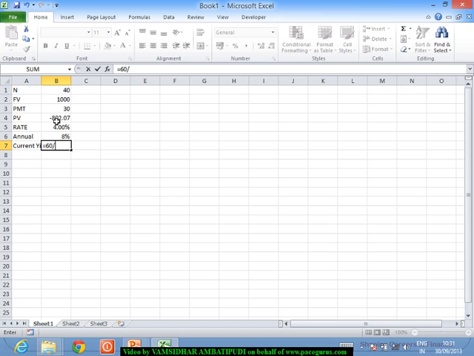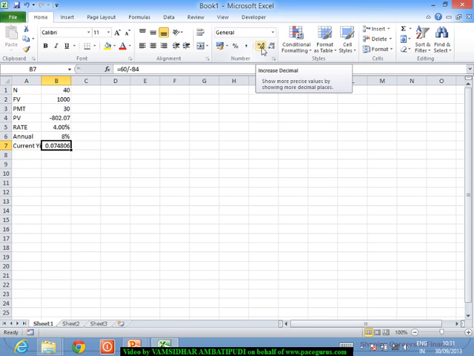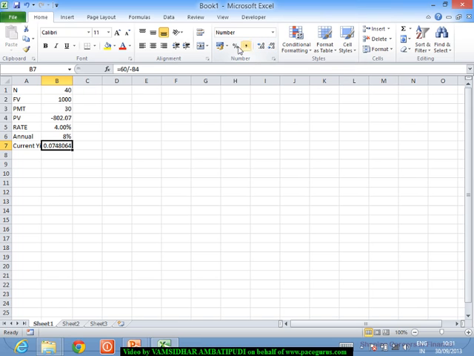The current market price is given as this number, so I'll take the negative of this. So this is the current market price. Overall, it is saying the current yield for the bond is around 7.4%. Only for this particular year.